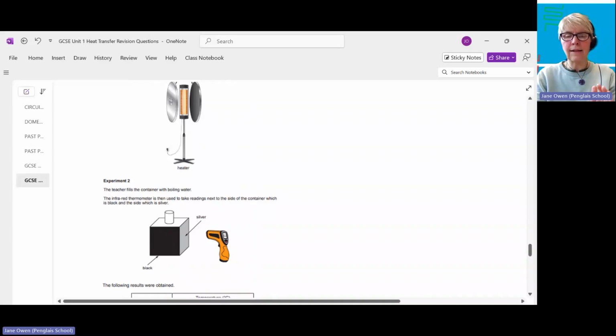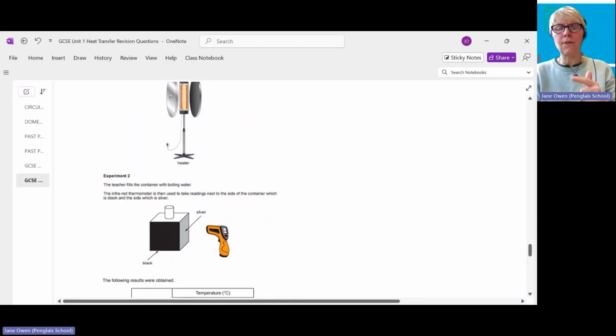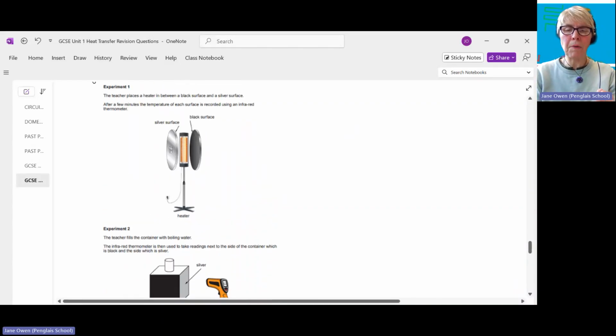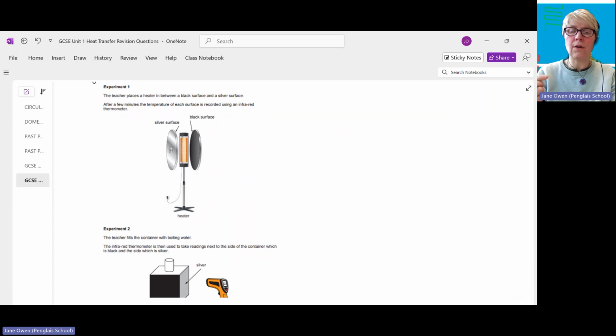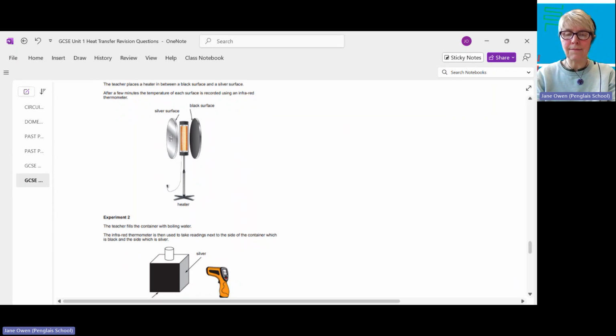So listen in, because this is looking at experiment 1. You've got the heater in the middle, you've got the black surface and the silver surface either side. So that is looking at absorption of radiated heat.